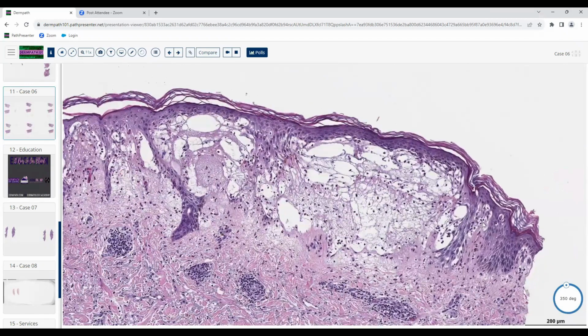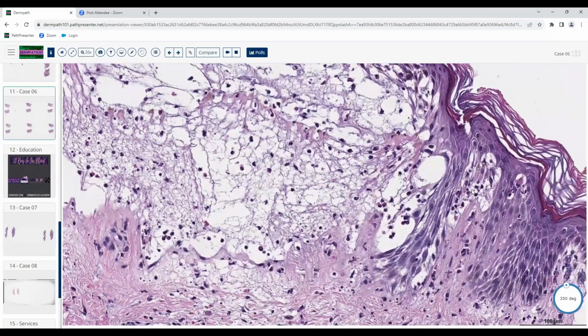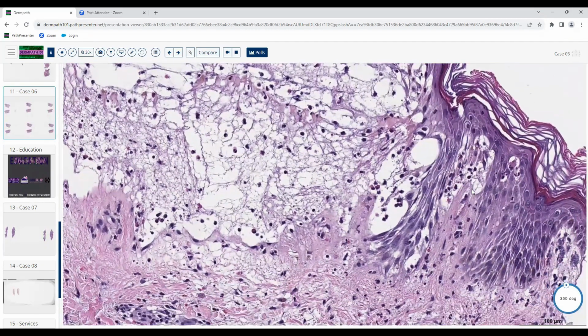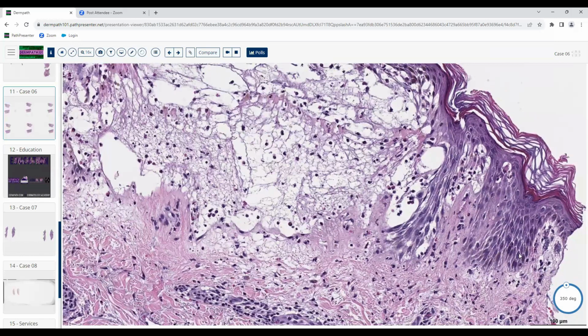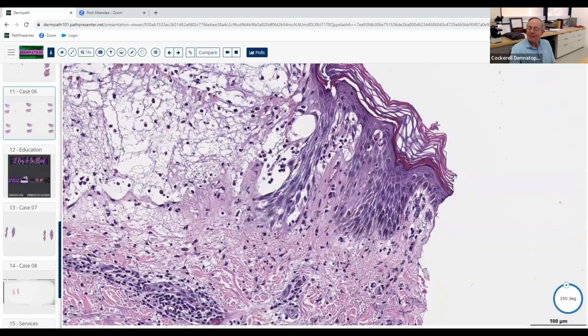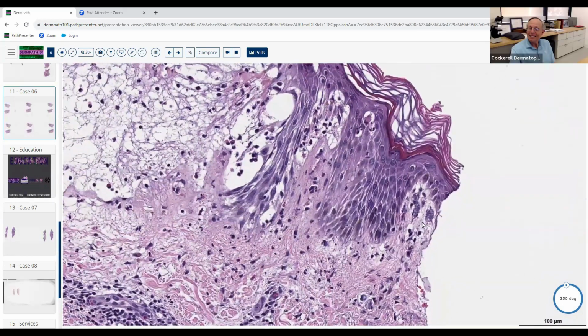I guess initially with the eos, I thought of a BP, but then it's not like dermatitis herpetiformis, right? Or, yeah, I guess it is, because it's the tips of the papillae, so that fits. It actually is dermatitis herpetiformis. This is an example of DH.